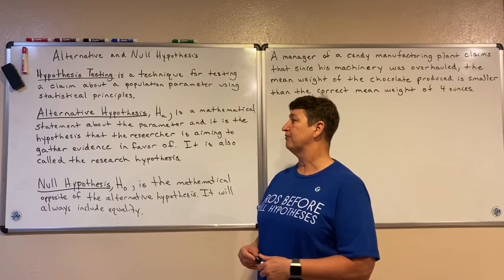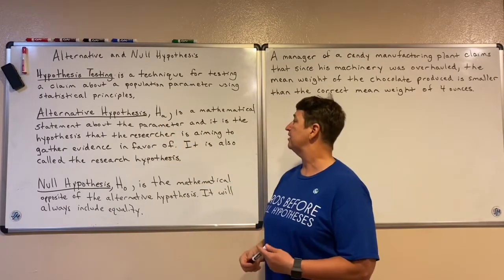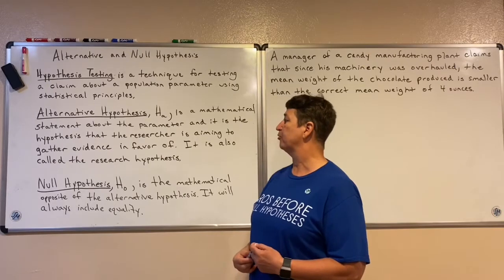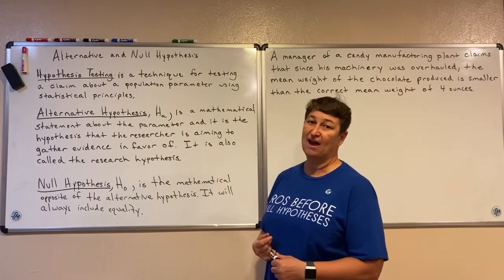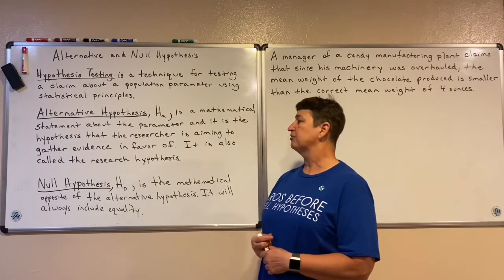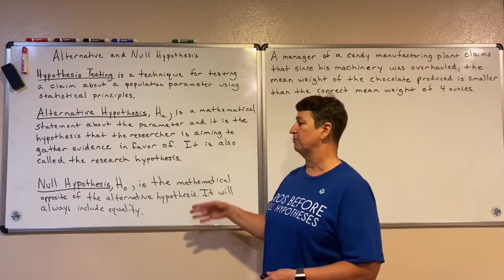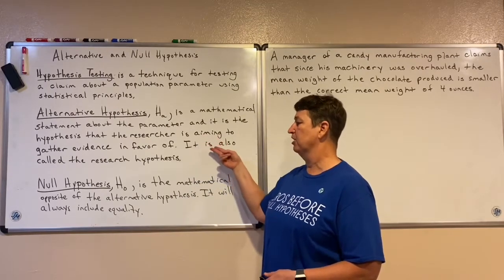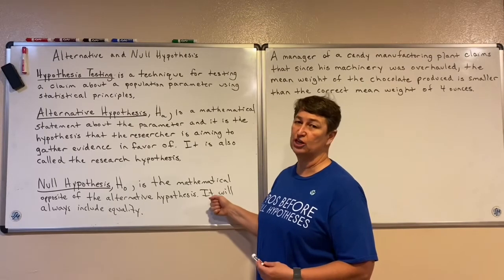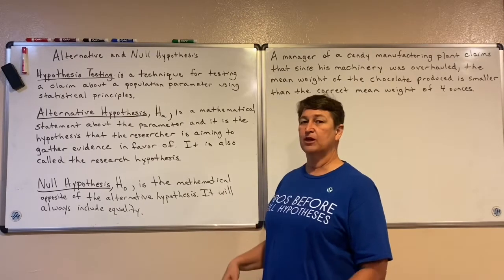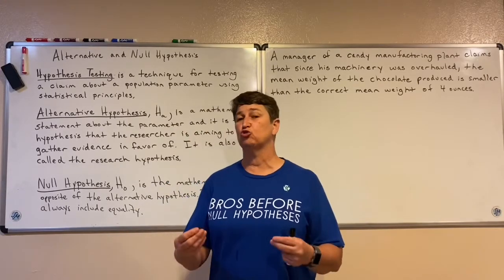And the alternative hypothesis, which we denote with a capital H and a subscript A, is a mathematical statement about the parameter, and it's the hypothesis that the researcher is aiming to gather evidence in favor of. It's also called the research hypothesis. And then the null hypothesis is the mathematical opposite of that alternative hypothesis. It's always going to include the equality and the equal sign in there. And this null hypothesis is always assumed to be true.